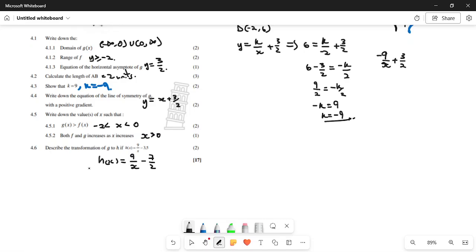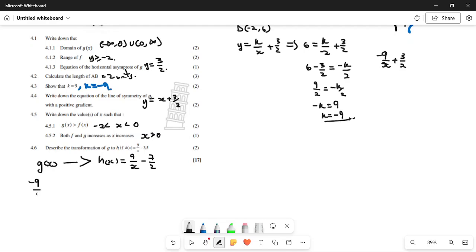So we need to describe what happened to our function of g of x in order to have h at x. So now let me just compare the two functions. H at x is a function with a negative a value.